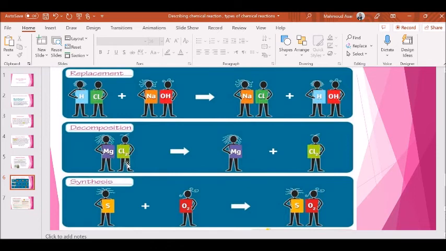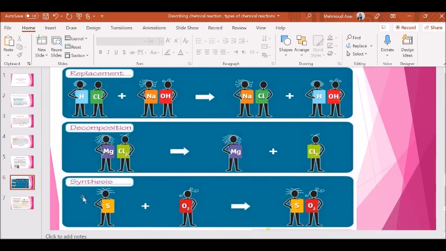And the second one, we have the decomposition chemical reaction, because MgCl2 is complex. It is formed of a metal and a non-metal. We dissociate it or decompose it into Mg plus Cl2, separated from each other. So this one is called the decomposition chemical reaction. Two atoms, two types of elements.